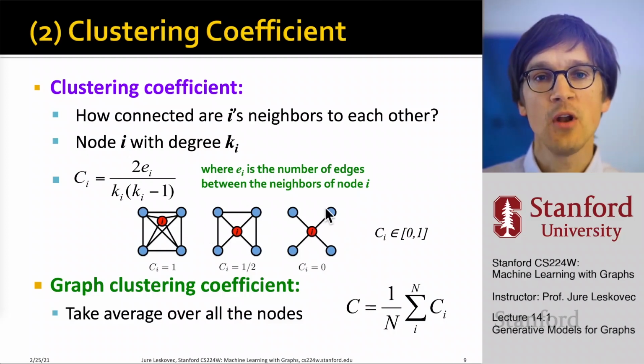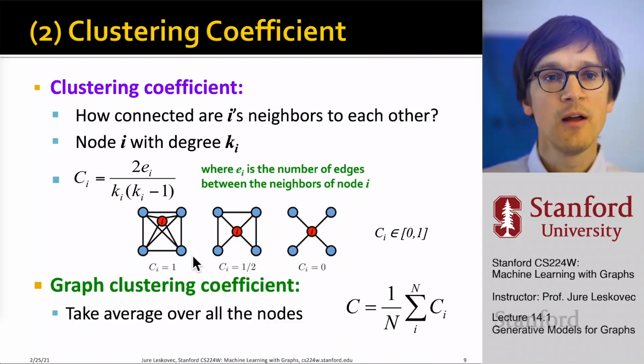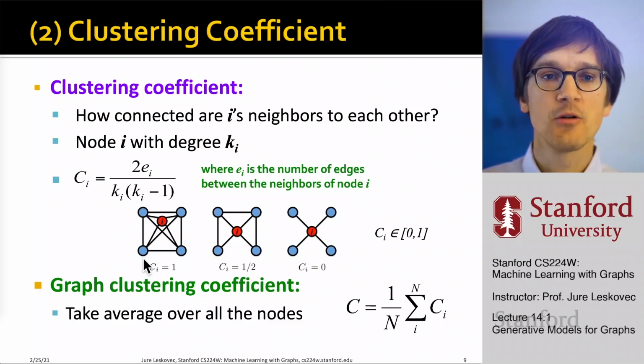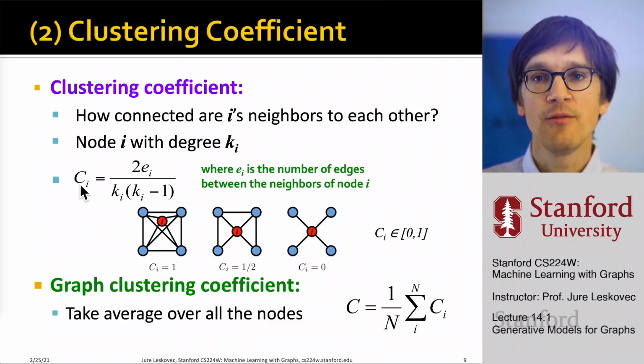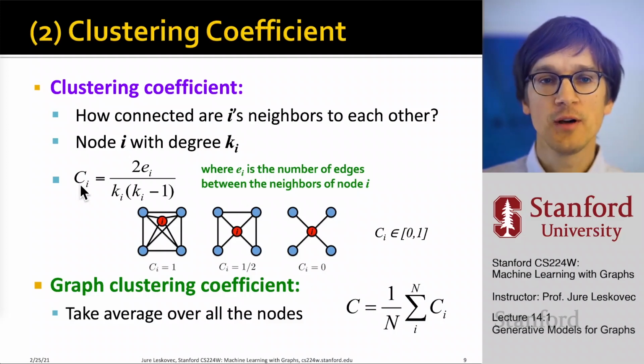If I have no edges between the neighbors, then the clustering coefficient is 0. If I have, let's say, 3 out of 6 possible ones, then the clustering coefficient is 1/2. And if I have all the 6 edges that are possible between the 4 neighbors, then my clustering coefficient is 1. And this is now the clustering coefficient of a given node.